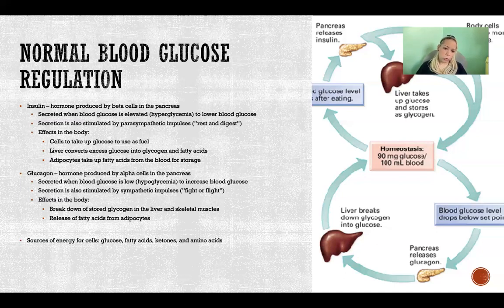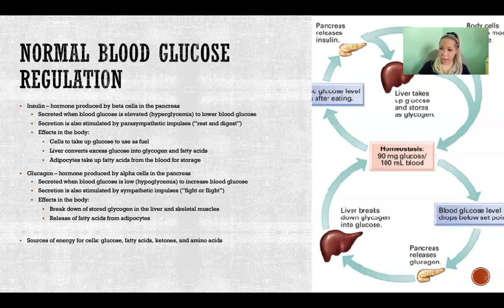That glycogen is stored in the liver and in our skeletal muscles throughout the body. Now, let's say all of our glycogen stores are replenished. We have all the glycogen we need, and there's still too much blood glucose. Then insulin tells the liver to convert that excess into fatty acids.